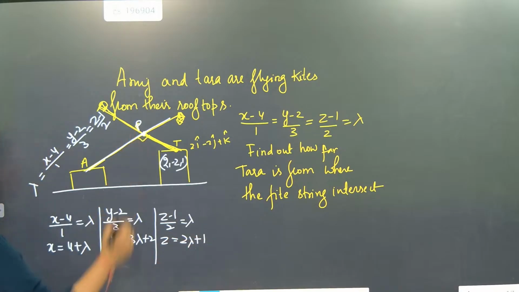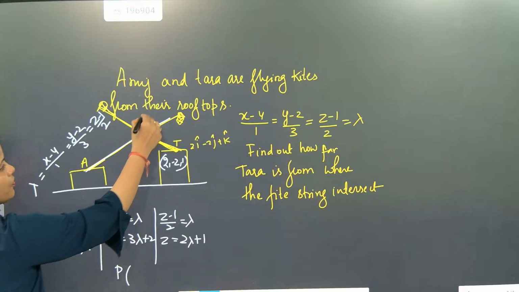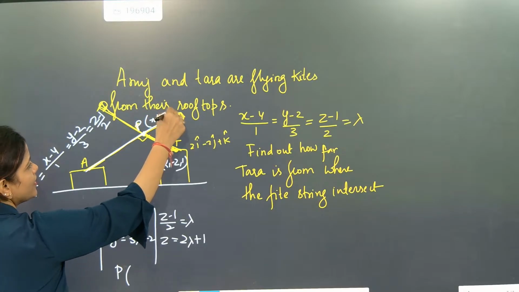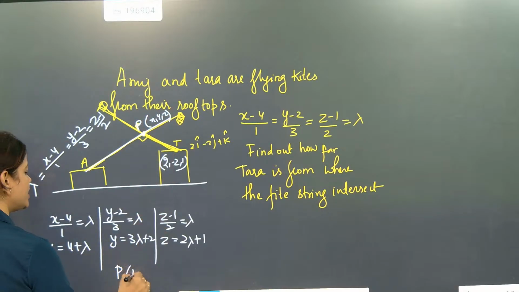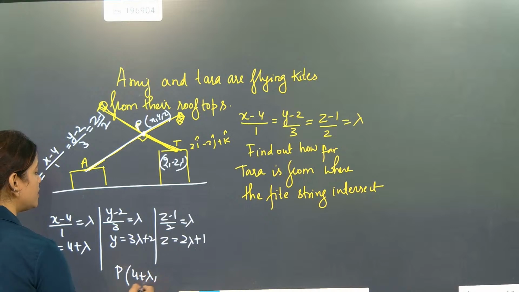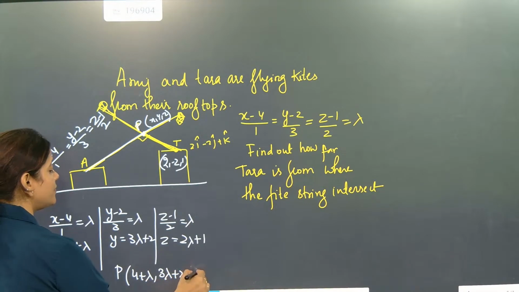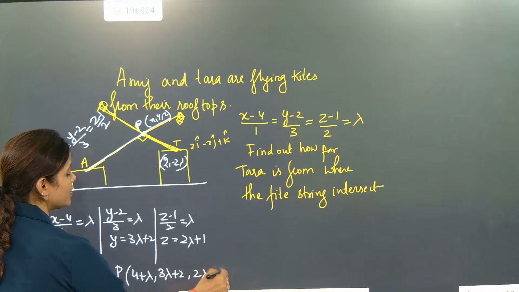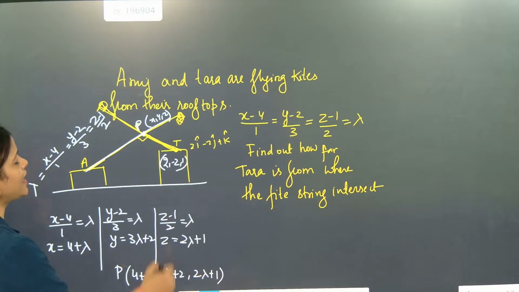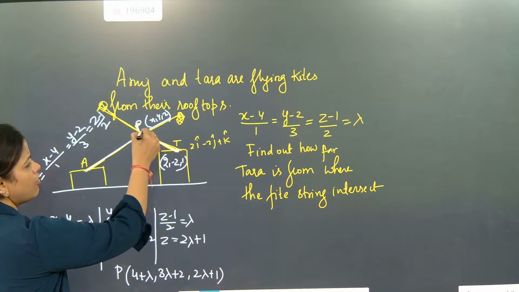So P is the intersecting point (x, y, z), written as (4 + lambda, 3 lambda + 2, 2 lambda + 1).